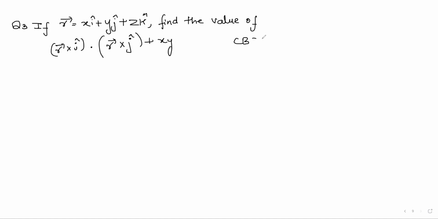This question came in CBSE 2015. Okay, please try this one.